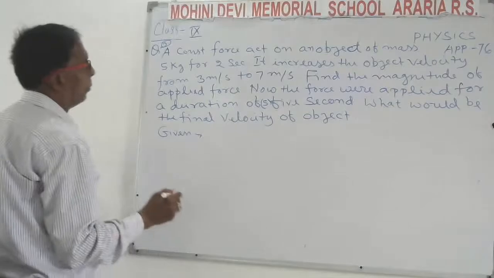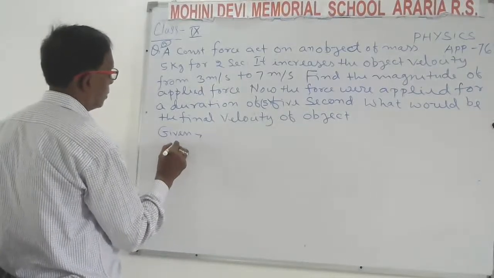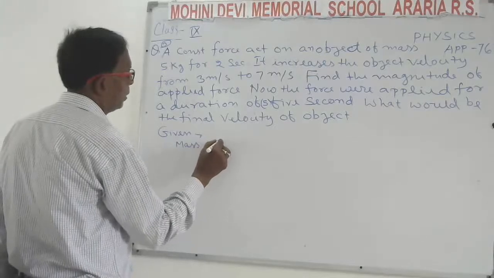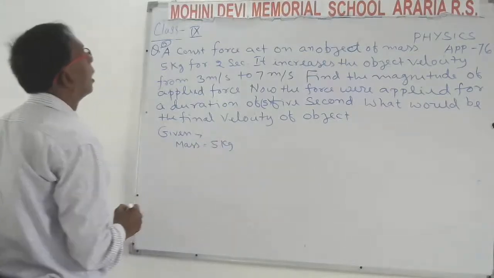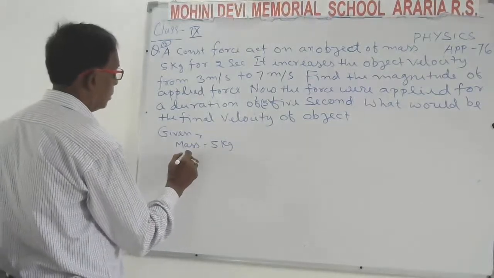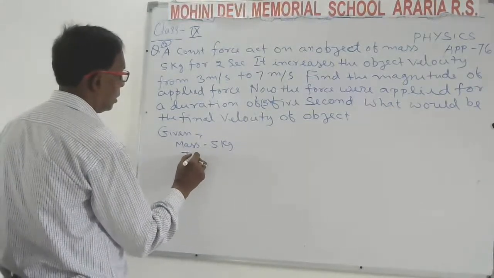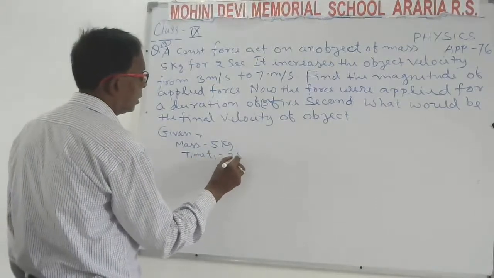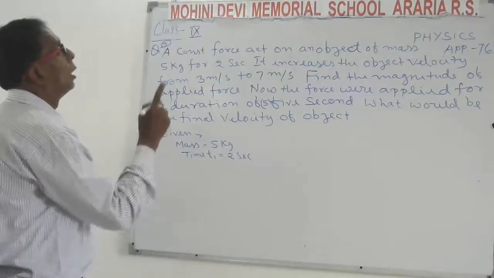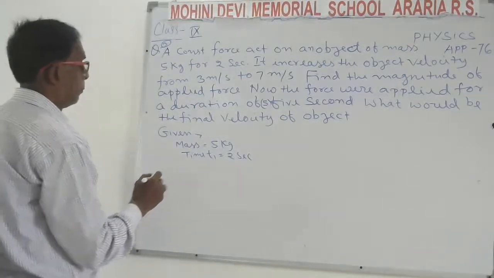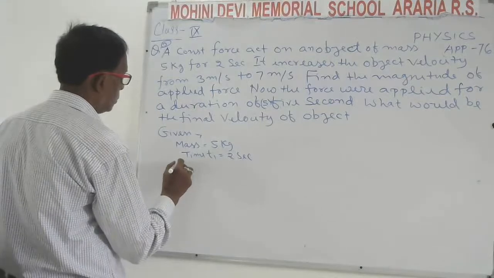An object of mass 5 kg, for 2 seconds, time T1, increases the object's velocity.